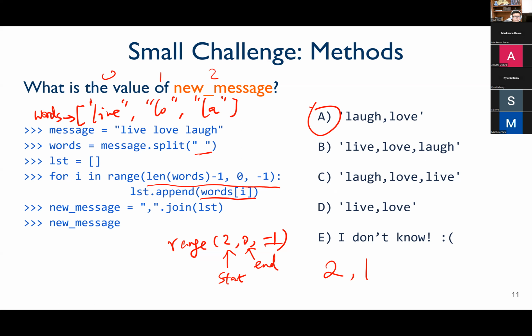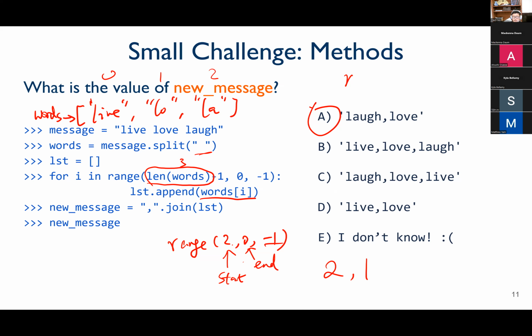How did we get range 2, 0, -1? Because the length of words is 3. 3 minus 1 is 2, right? So that's why we get this range 2, 0, -1. And when we look at range, it starts on the first number. And then the next value you get would be this first number added with the step size.